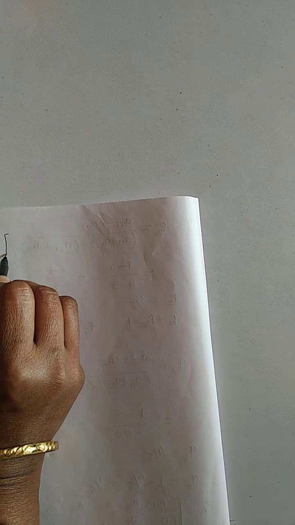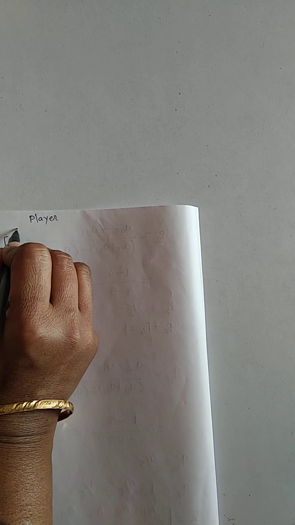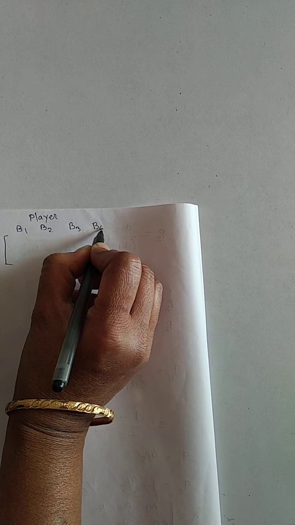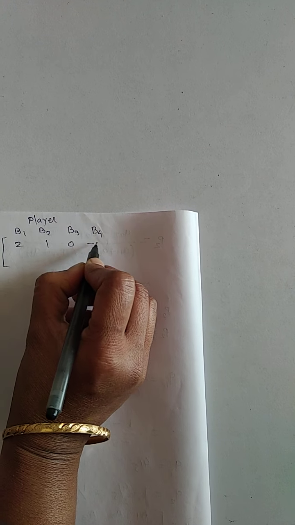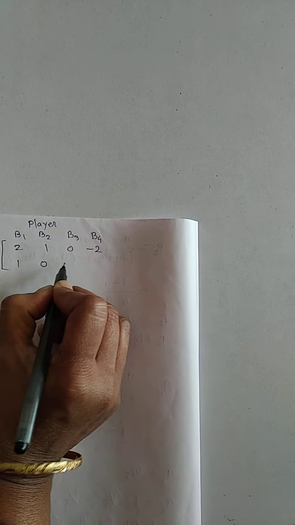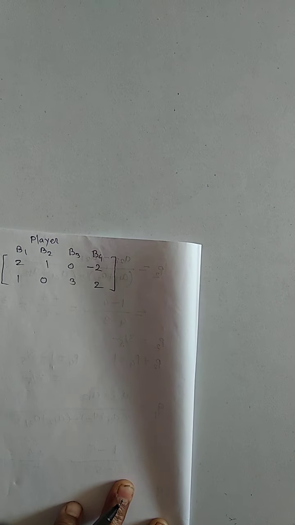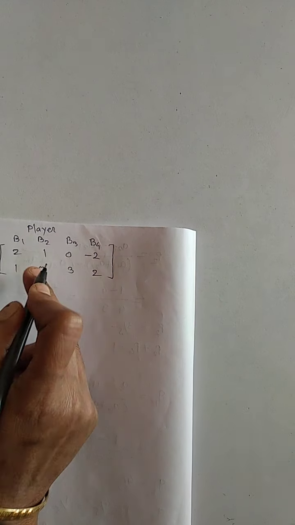Player A, A1, A2 means 2 rows are present, and player B, B1, B2, B3, B4 means 4 columns are present. 2, 1, 0, minus 2, 1, 0, 3, 2. In the first problem rows are greater than columns, and here columns are greater than rows. The second problem is columns are greater than rows.